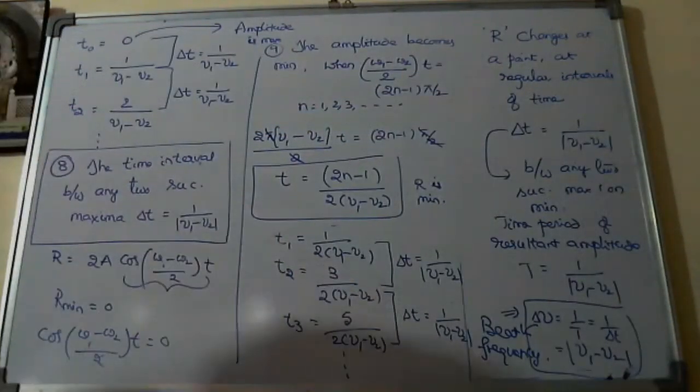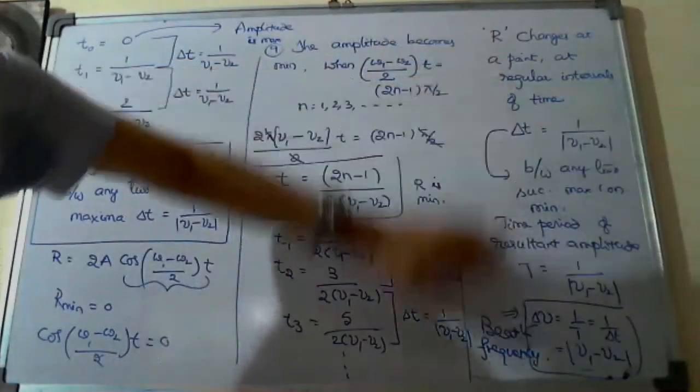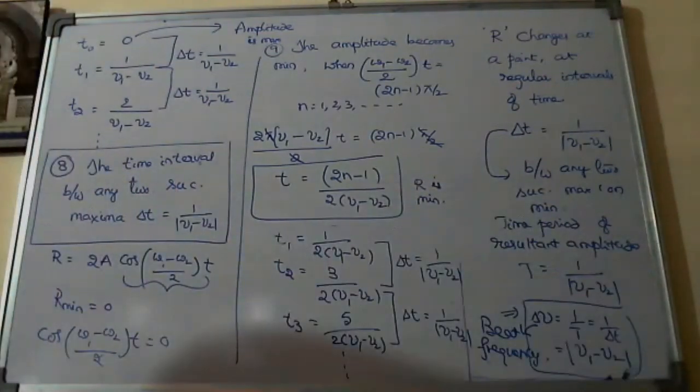This phenomenon is called beats, and the frequency of beats is nu 1 minus nu 2. This is the concept.